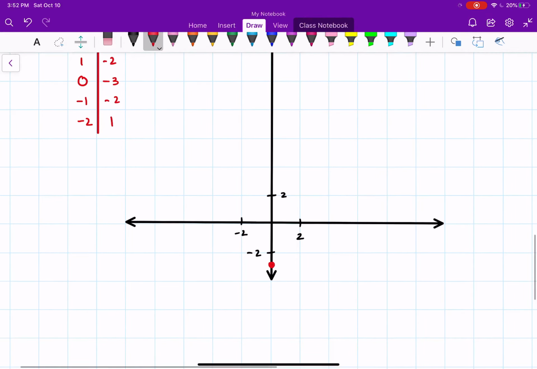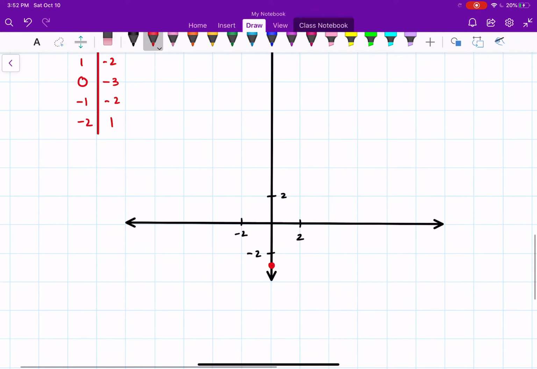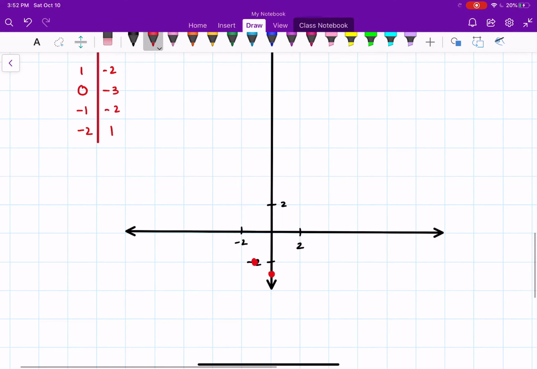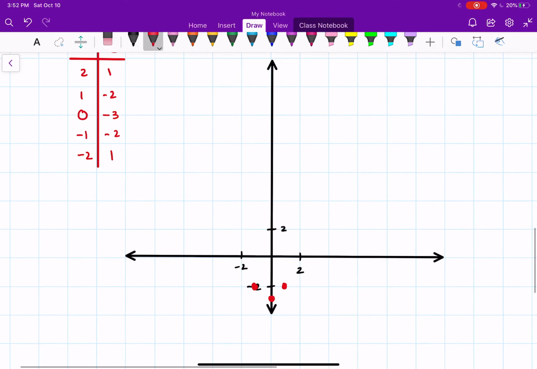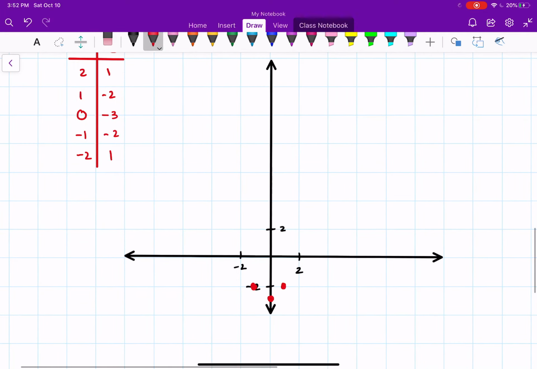I have negative 1, negative 2. Positive 1, negative 2. And I have a 2, 1. And a negative 2, 1. So there it is. I probably should go out further.